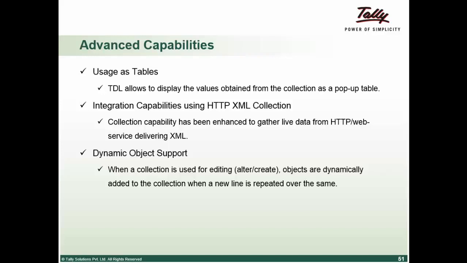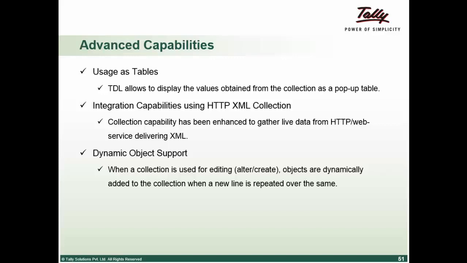Even for dynamic object support, you can only do the alteration in the existing internal object if and only if it is available. However, when we introduce the dynamic object support, this type of object is added and depends upon the specification of the type attribute.